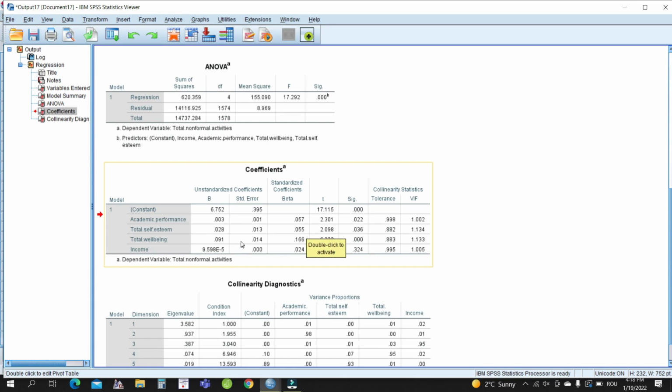When the well-being increases with 1 unit and the other 3 predictors are statistically controlled, the involvement in non-formal activities with colleagues increases with 0.091 units, and when it increases with 1 standard deviation, the criterion increases with 0.16 standard deviations.